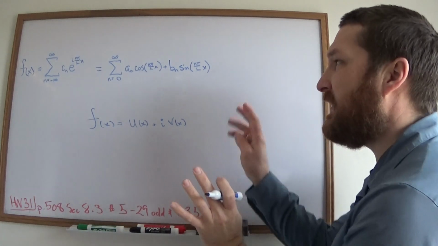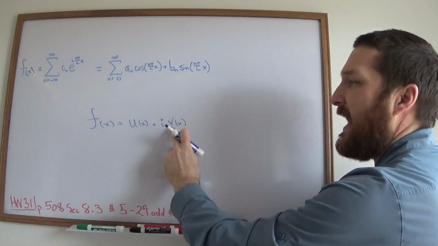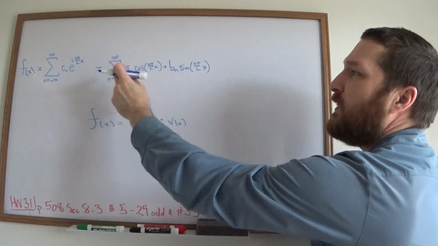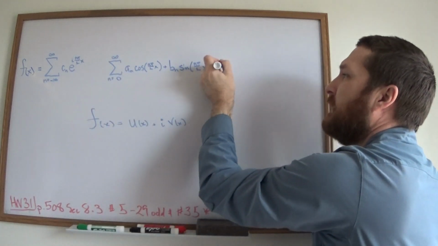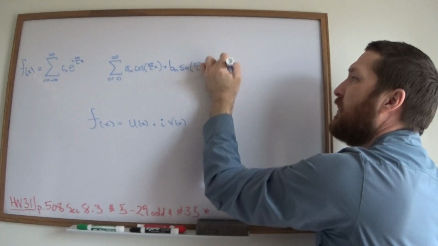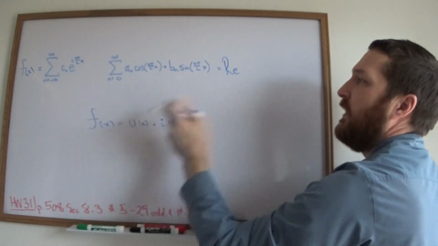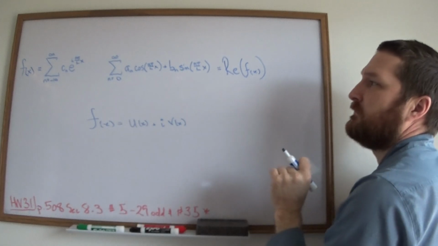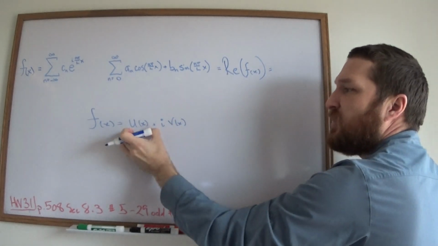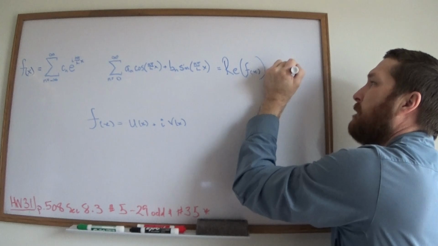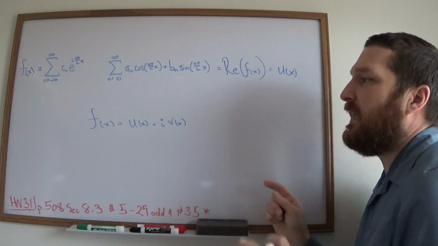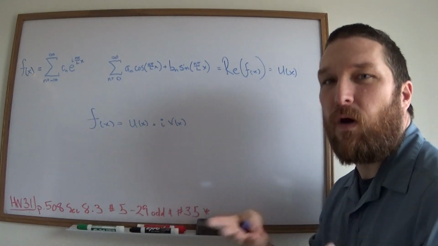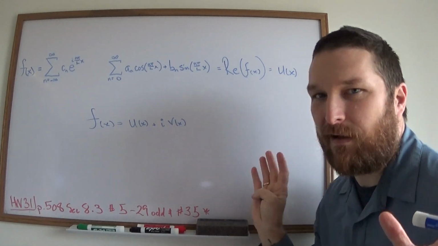If it has a complex part, then what you really have here, you don't have the equality here, you have that this is the real part of your original f. In other words, it's just this part right here. But in the case that your function, and this is kind of what we were talking about to begin with, we weren't talking about complex valued functions.